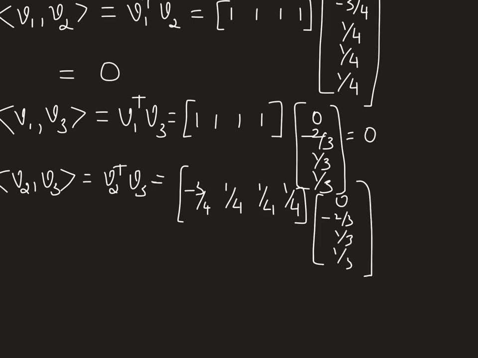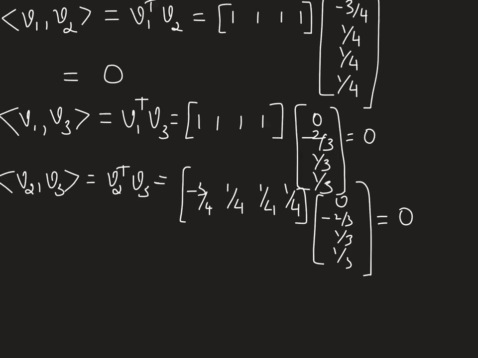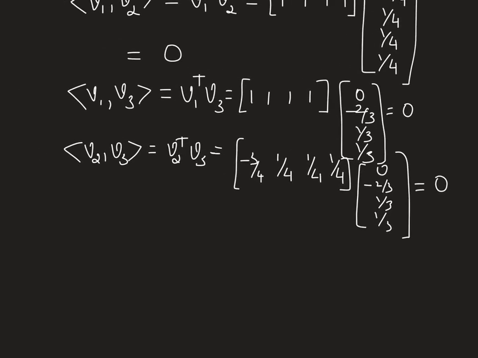Taking the product of these gives us 0 minus 2 by 12 plus 1 by 12 plus 1 by 12, which is 0 and satisfies the condition. So we got that V1, V2, V3 are orthogonal vectors.